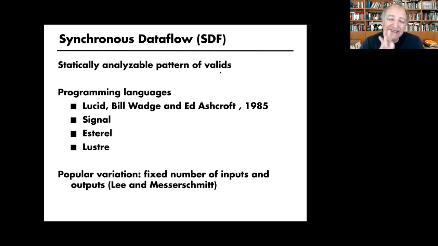If you could statically determine the valids, that would be quite nice. So there were a bunch of languages. I just want to point them out. They're almost all developed in the 80s. Lucid, Signal, Esterel, Lustre, which are all interesting to read about if you have some time.